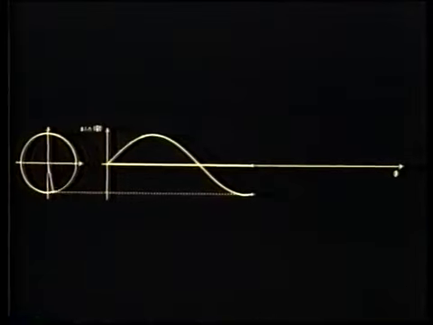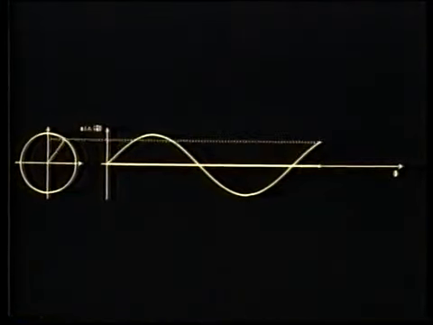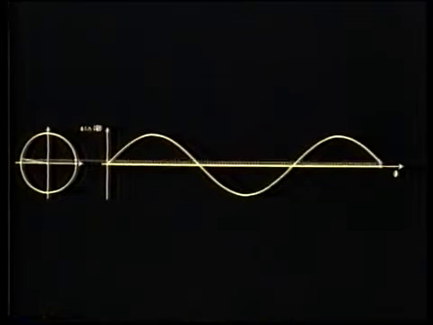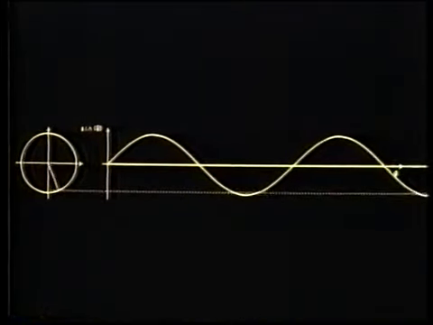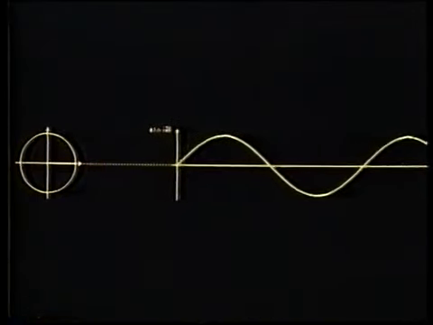Once round the circle, and that gives theta from 0 to 2 pi. A second revolution gives 2 pi to 4 pi. We could continue going round for greater values of theta and plot sine theta for all positive values of theta.